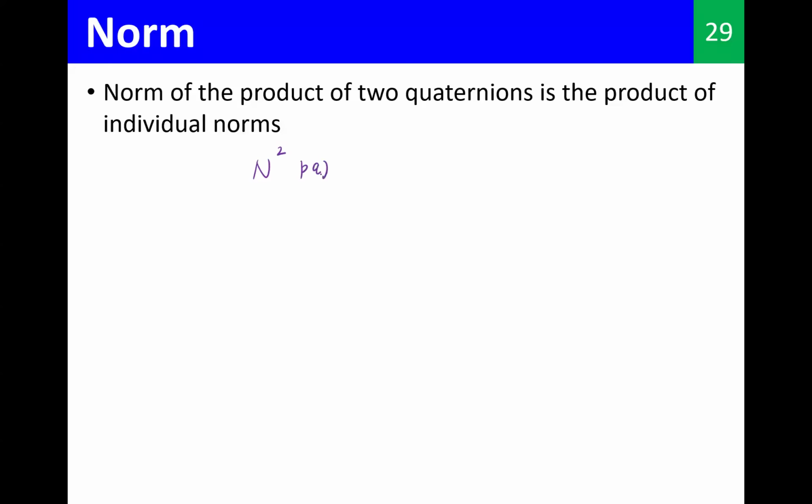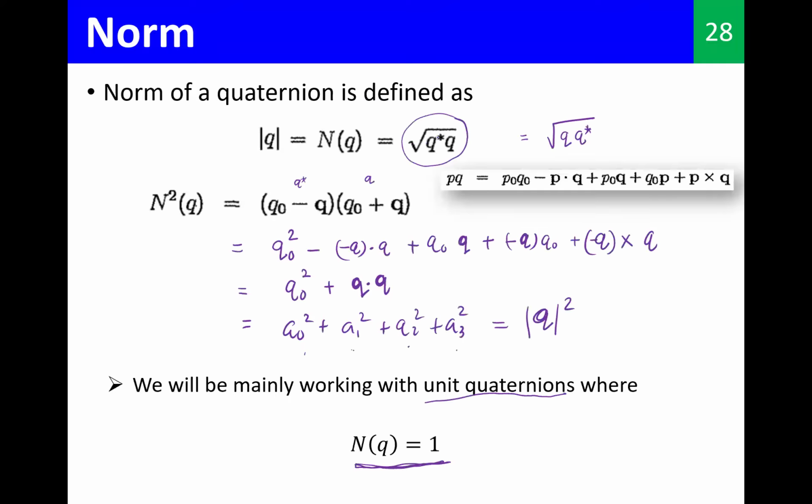So I have p and q, and I want to find the norm of the product. Here, this is how it was defined: the square root of q conjugate q.